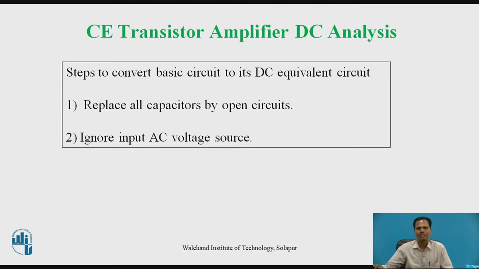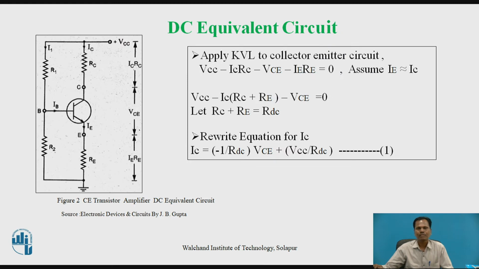There are three capacitors, so I have to open those capacitors and ignore them. The second step is to ignore the input AC voltage source, so reduce the input AC voltage source to 0 volt. Using these steps, we can obtain the DC equivalent circuit for the basic circuit of the common emitter transistor amplifier. This figure shows the DC equivalent circuit for a common emitter transistor amplifier.